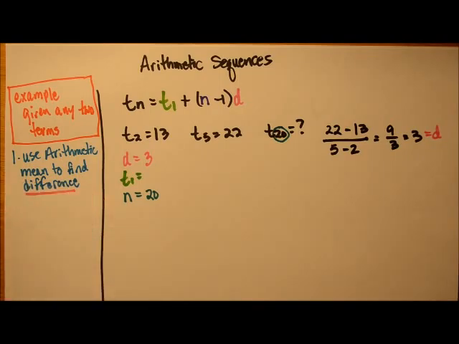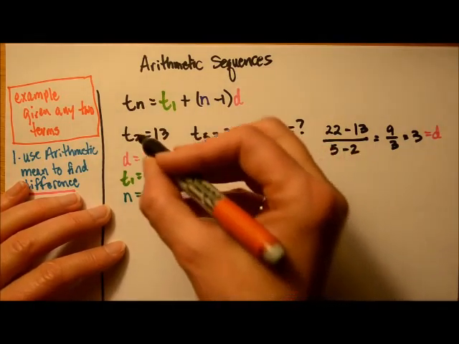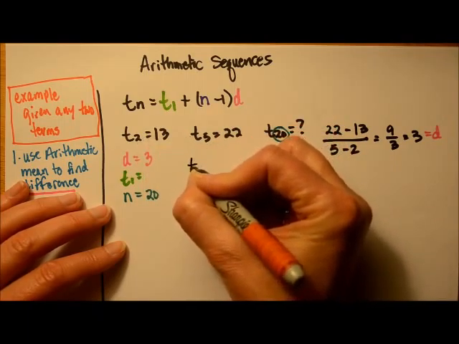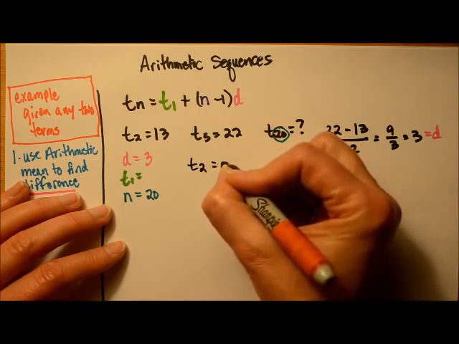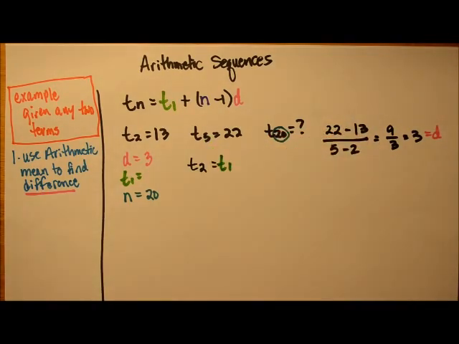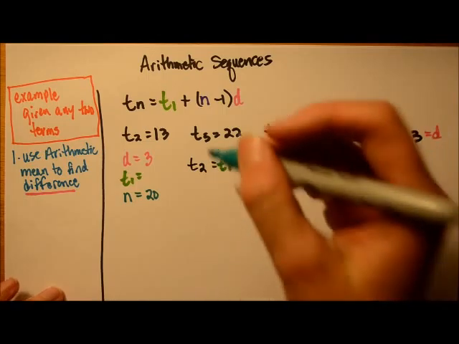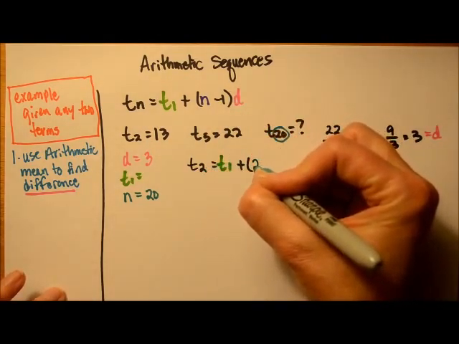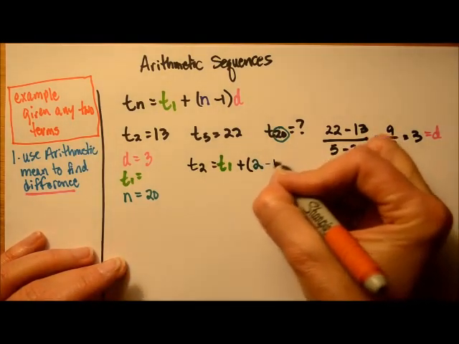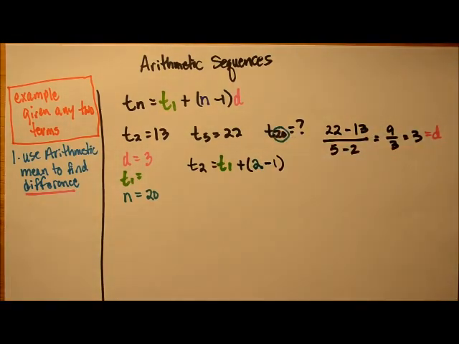Way number 1, and this is the one you're going to have to use if you're pretty far out, is you could say T sub 2 equals T1 plus, in this case, my N is 2, times my difference, which is 3.